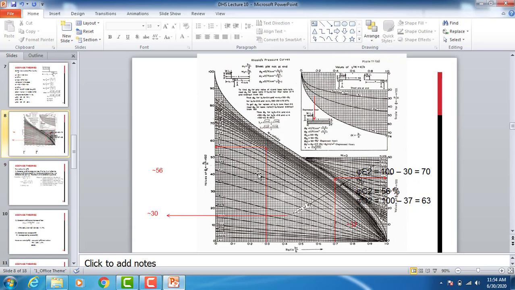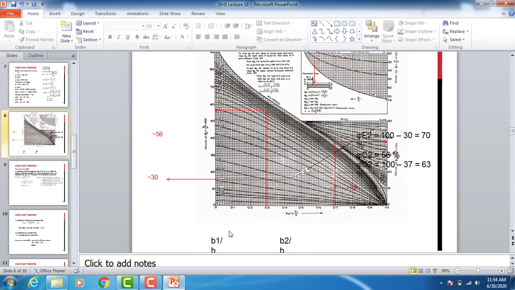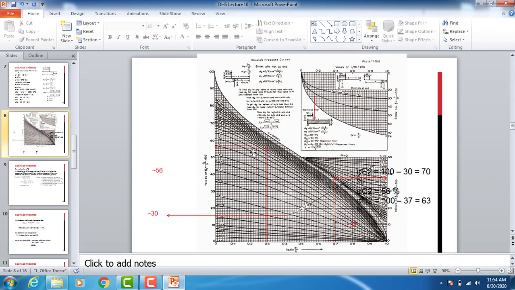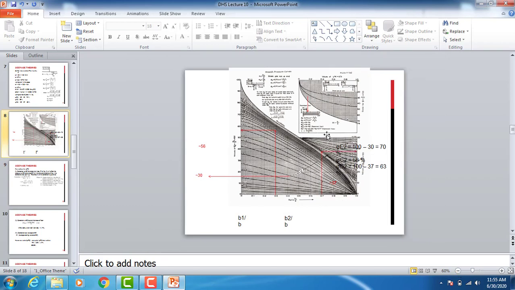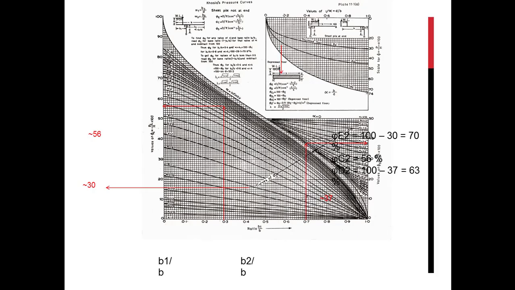Phi C2 is found directly by using B1 divided by B, which is 0.298, and it comes out to be 56%, while phi D2 is equal to 100 minus 37, where 37 is the value of phi D found from these curves, and it is equal to 63. So in this way we will find the different percentage pressures using these curves.